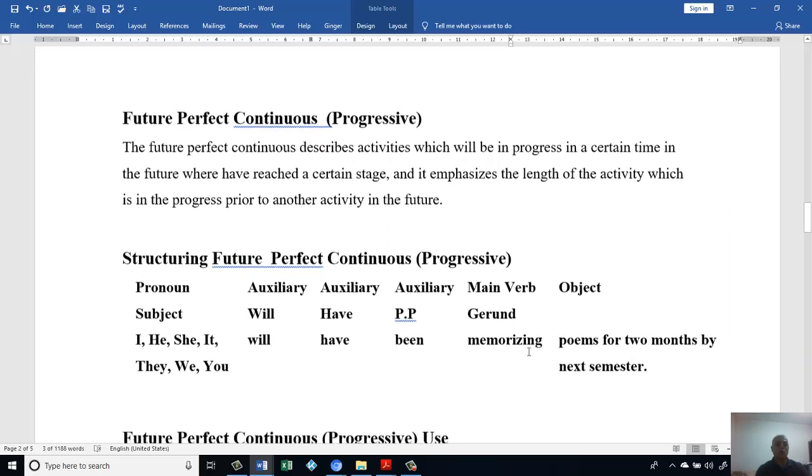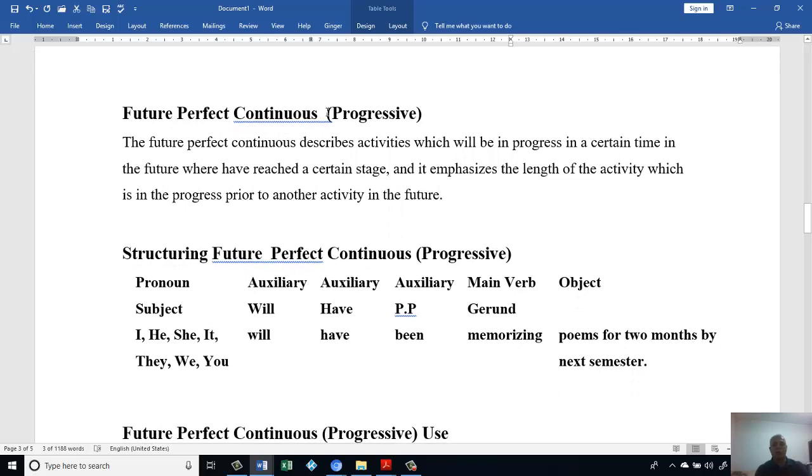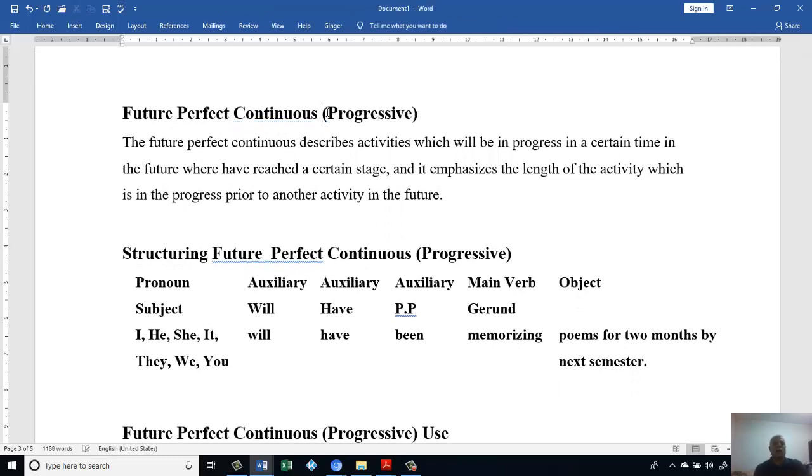How do we make it future perfect continuous, or progressing in a specific time? The future perfect continuous describes activities which will be in progress at a certain time in the future, when they have reached a certain stage, and it emphasizes the length of the activity which is in progress prior to another activity in the future.